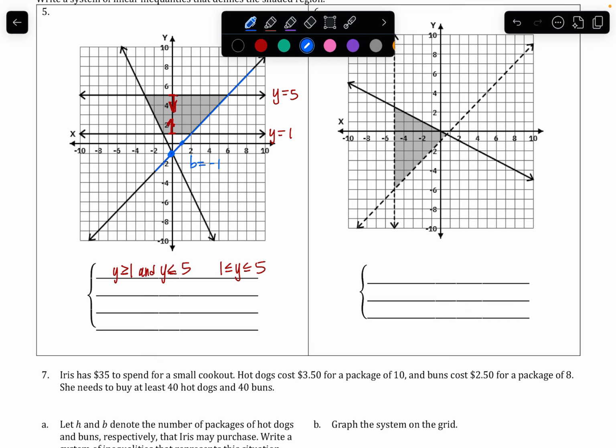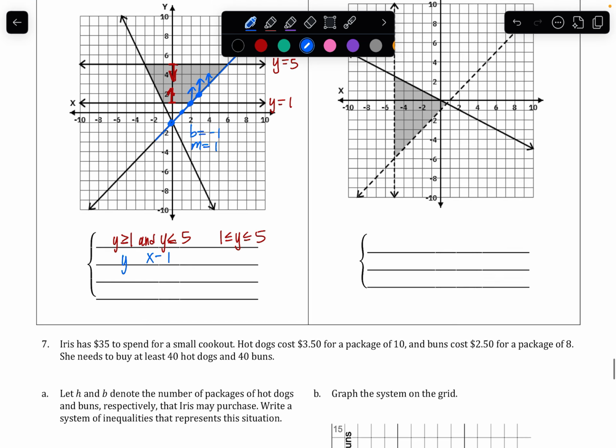He has a slope of up 1/1, so +1. So we know we're going to have an x -1. We are shading above the points, and so that's going to be greater than or equal to since it's solid.